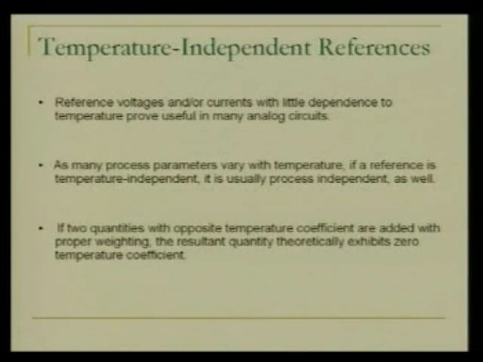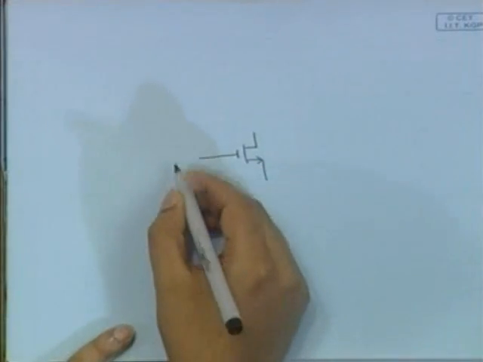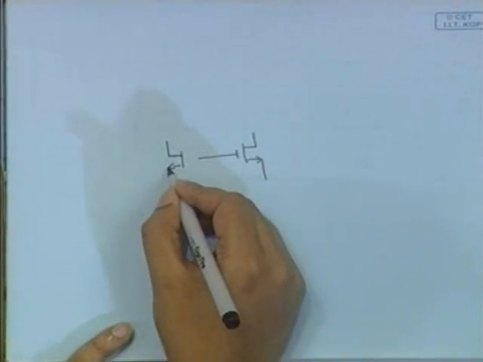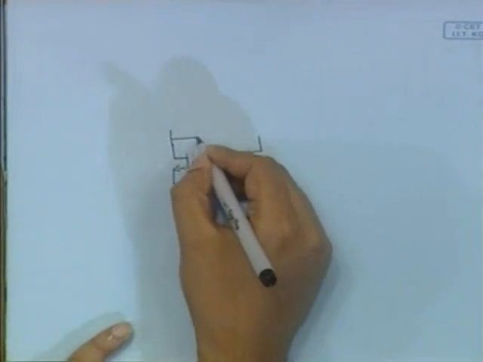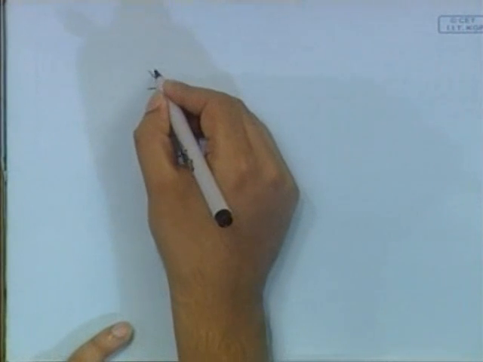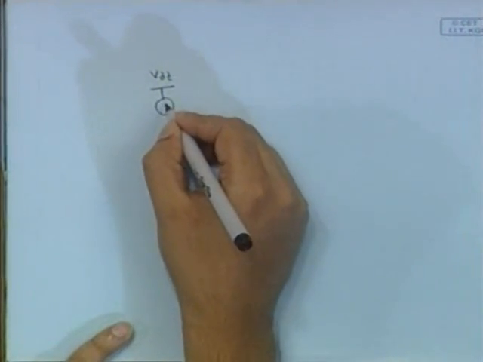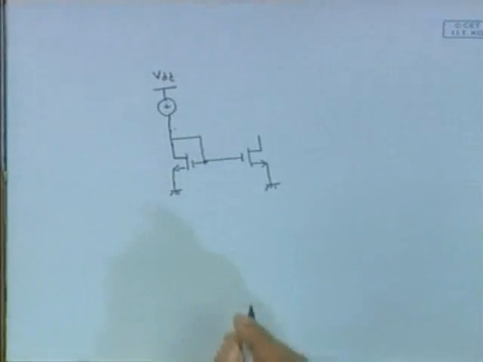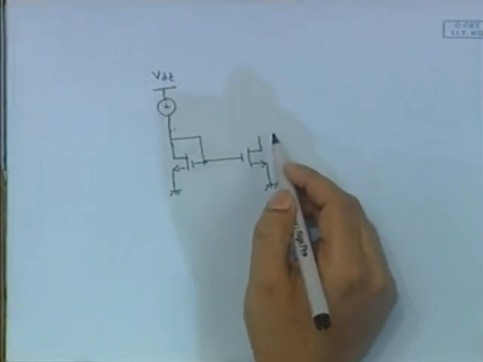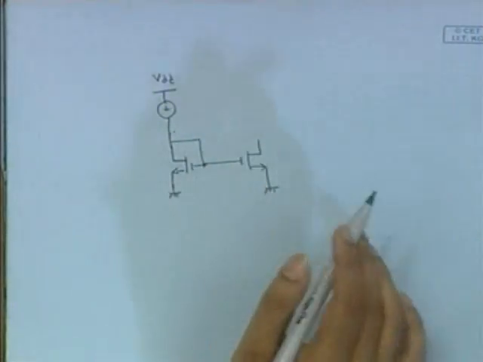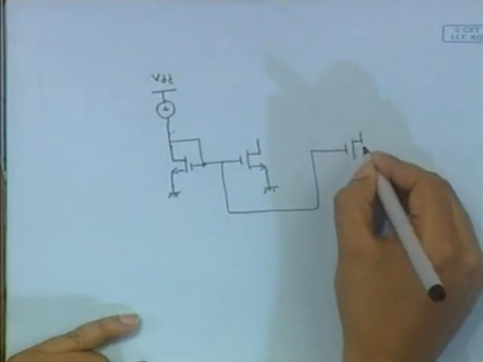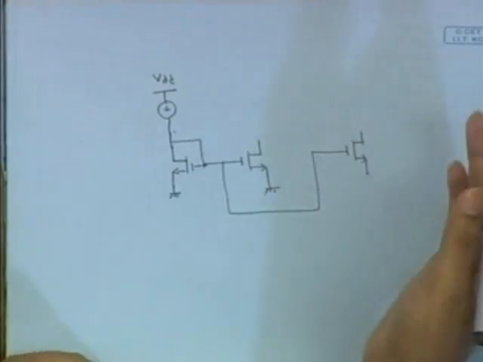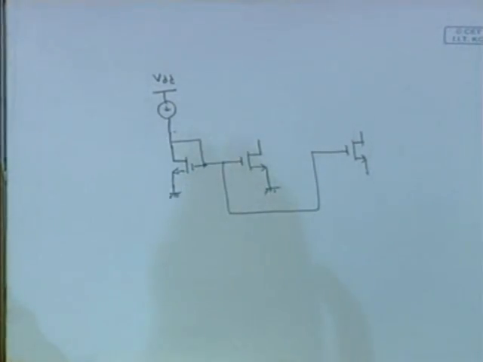For example, in the case of an operational amplifier, you represent a current mirror in this way to set the tail current source, or you route the current this way to the second stage or first stage, whatever be the number of stages.